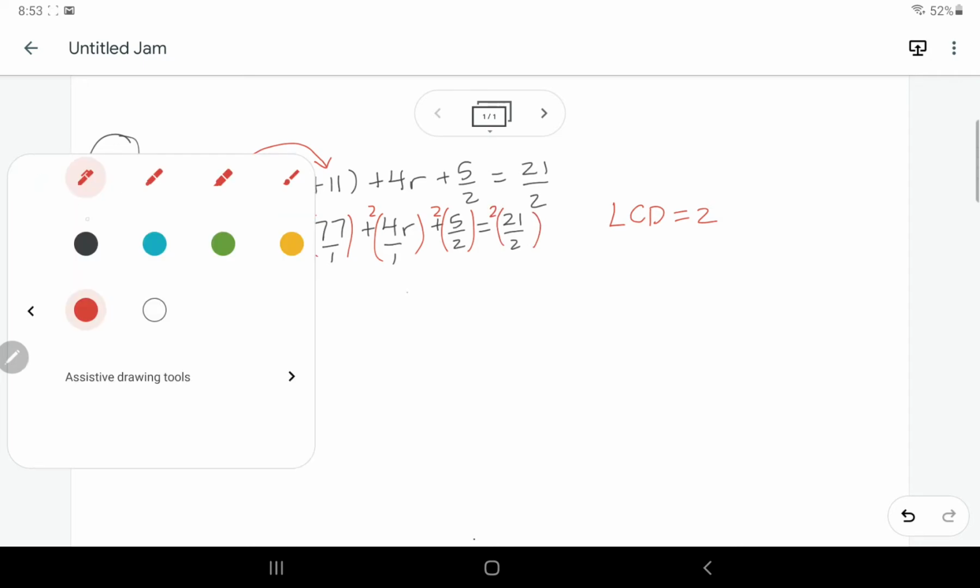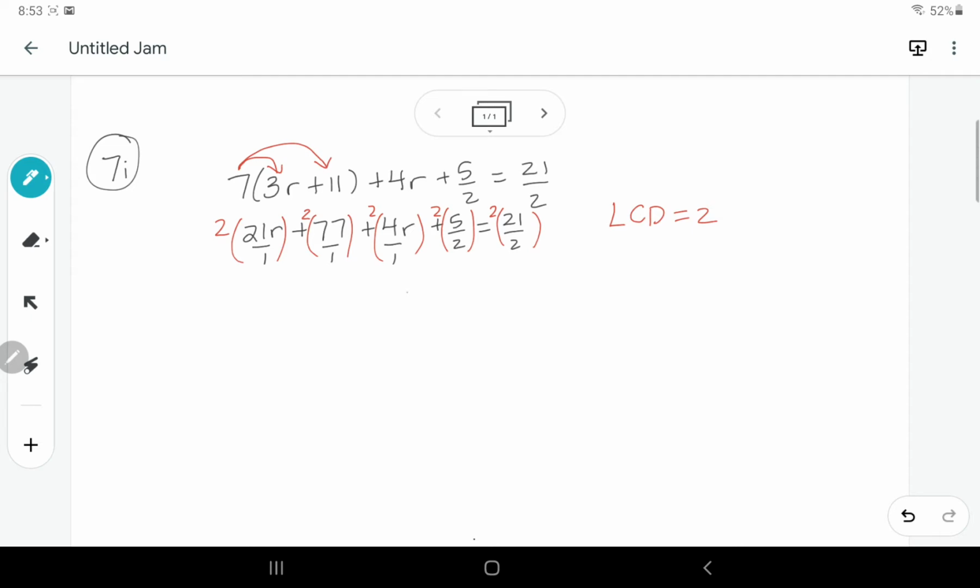Now, the ones that did have a 2 on the bottom, like the 5 over 2 and the 21 over 2, these would reduce with the 2 on top and bottom that we're multiplying, and then we can just write the rest out. All of the ones on the bottom we're not going to have to worry about. So I get 2 times 21r plus 2 times 77 plus 2 times 4r plus now 1 times 5 equals 1 times 21.